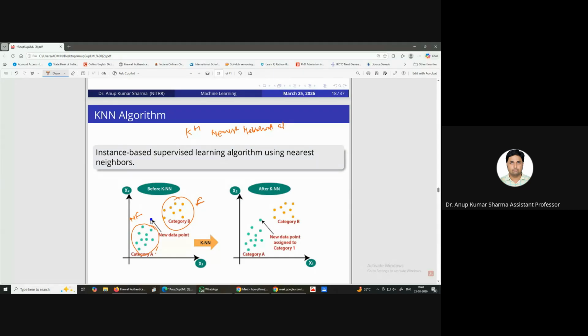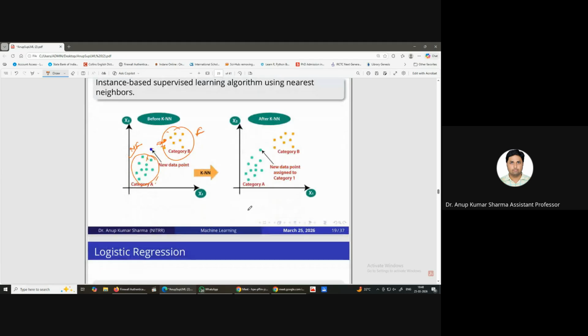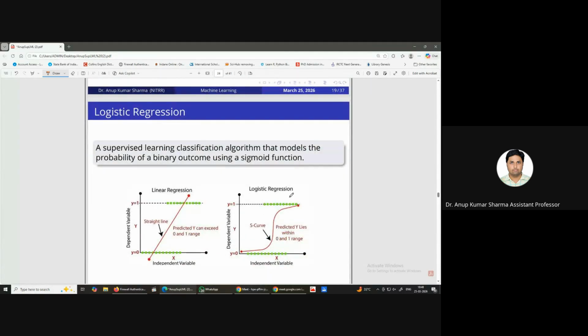When a transaction is going to happen, the algorithm checks all the labels. If it is near the not fraud group, the transaction happens. If it is near the fraud group, it will restrict the transaction. This is how the KNN algorithm works.